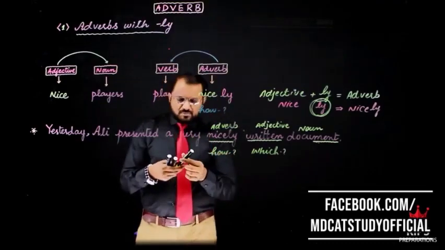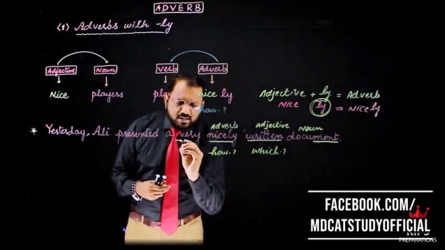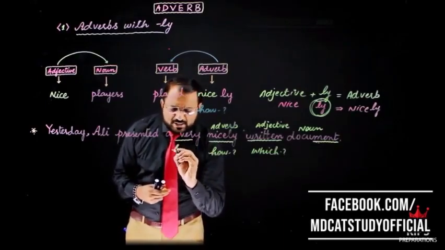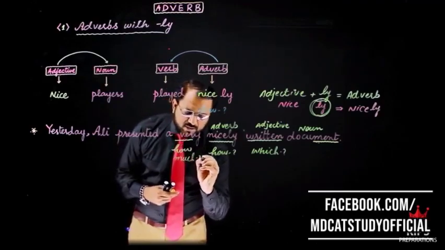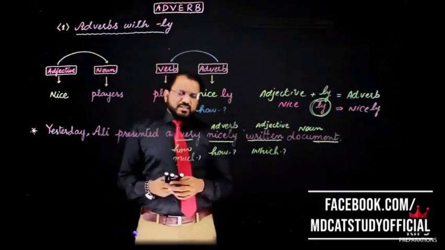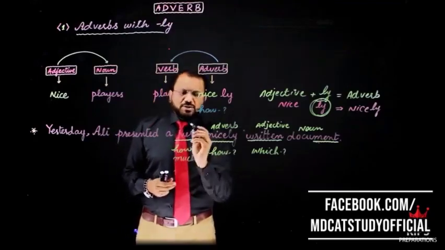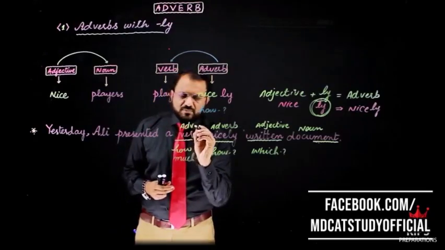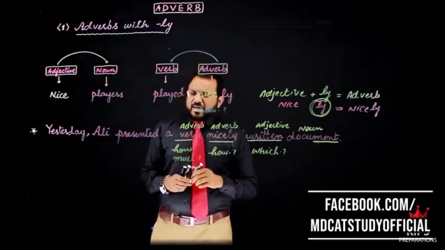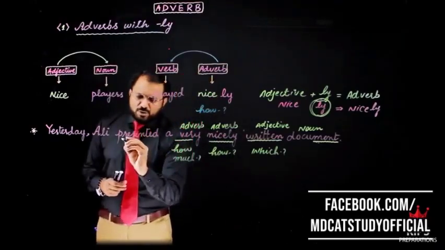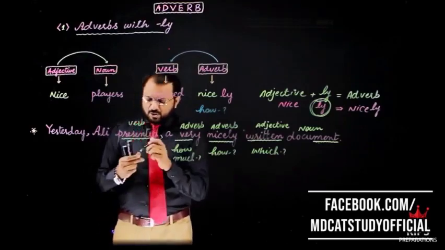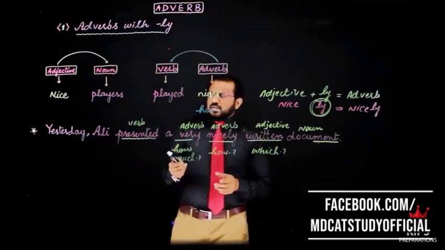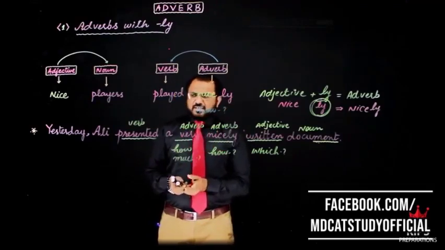How much is another question. How much nicely? Very. So all the words in English language that answer "how" or "how much" are also adverbs. And presented is, of course, a verb.